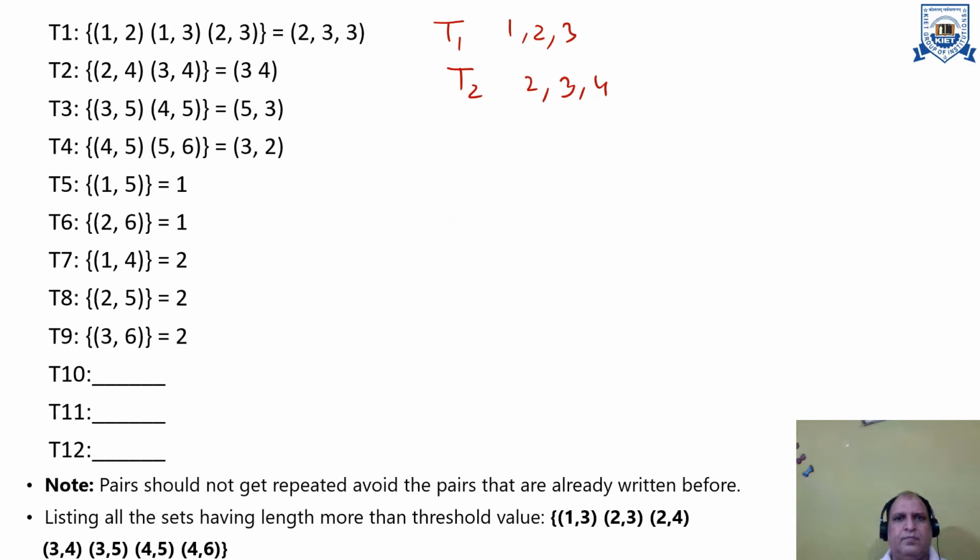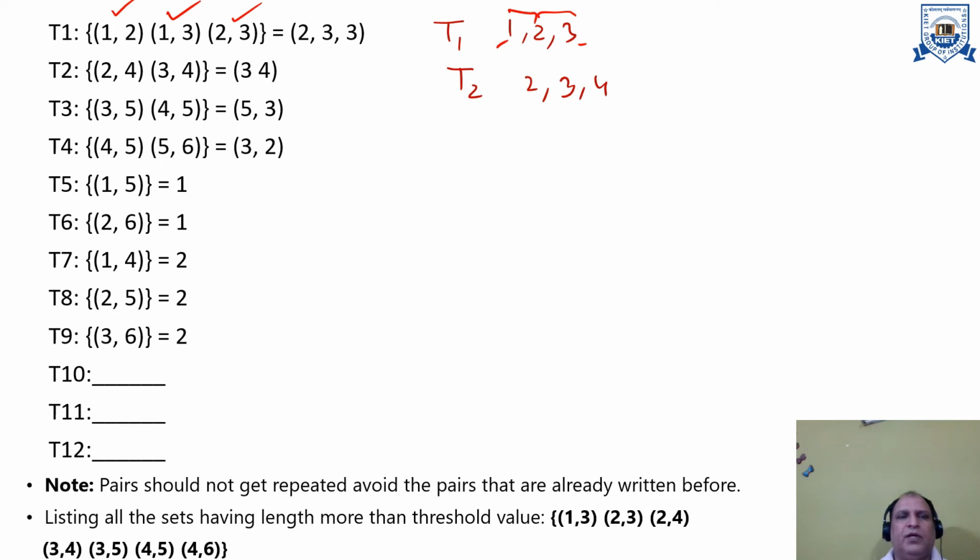Now suppose in the case of the transactions, T1 was having items 1, 2, 3. So depending on these items, we can make different pairs. Meaning 1 2 is there, from 1 3 is there, 2 3 is there.